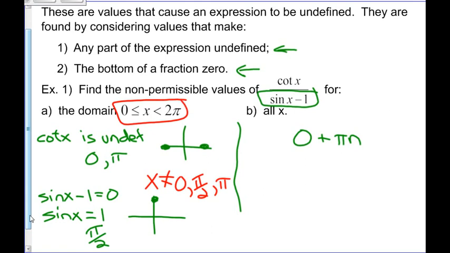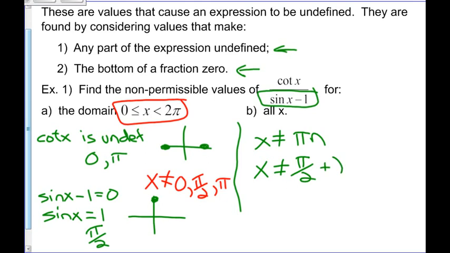Or if we were to say it for all x, we'd say that x cannot be 0 plus pi n, or you could just write that as pi n. And it also cannot be pi over 2, and that solution, or non-permissible value, recurs every 2 pi units. The most important thing is that you can do it in the first revolution.